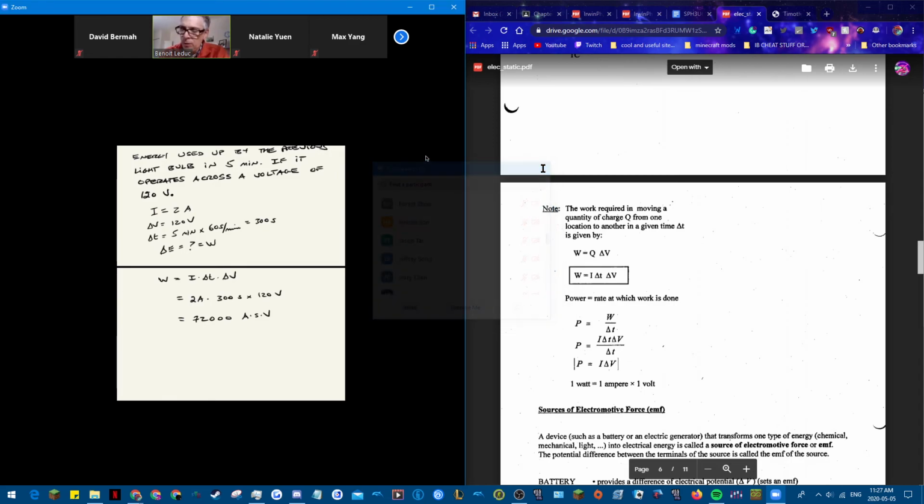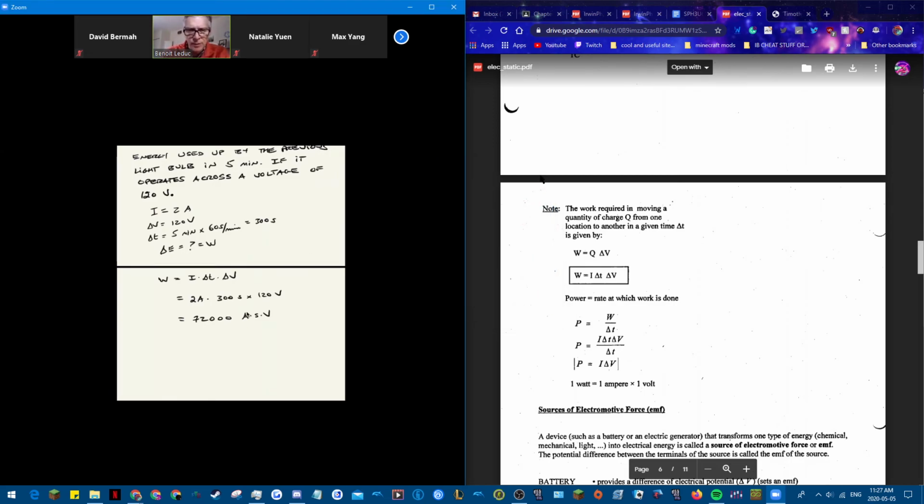All right, so what do you think this unit is? Amp times second times volt. Amp times seconds is coulomb, and a coulomb times volt is equal to a... Dave? Is it a joule? Yeah, it's a joule, right?